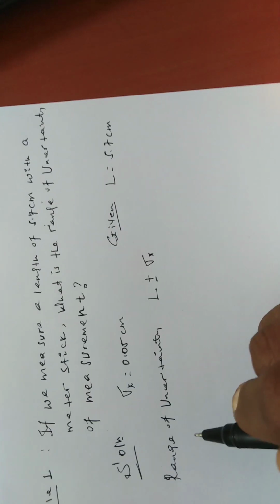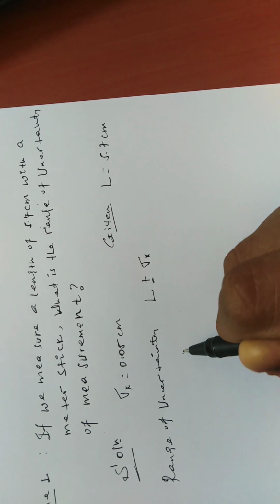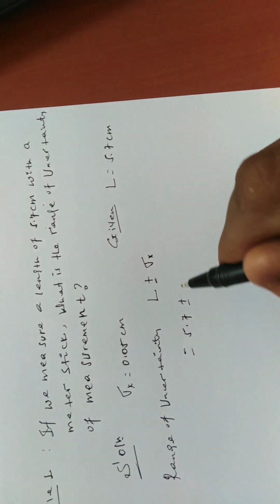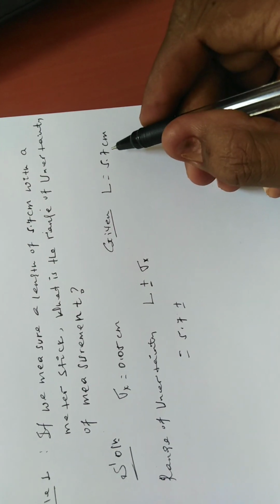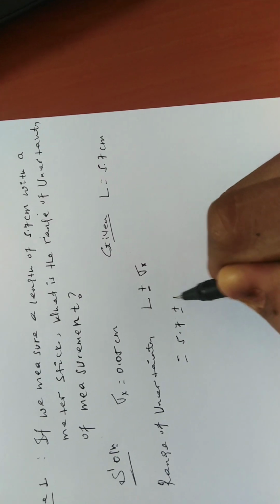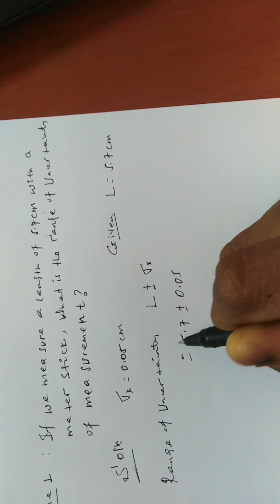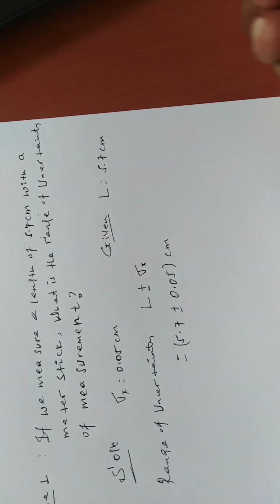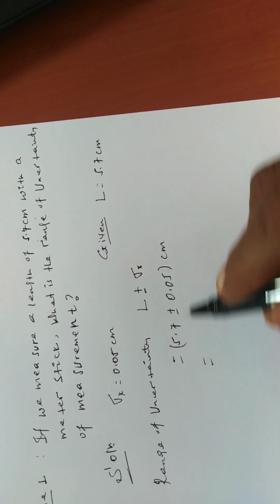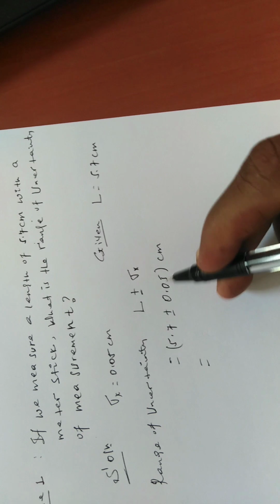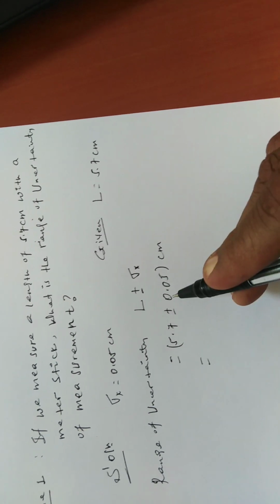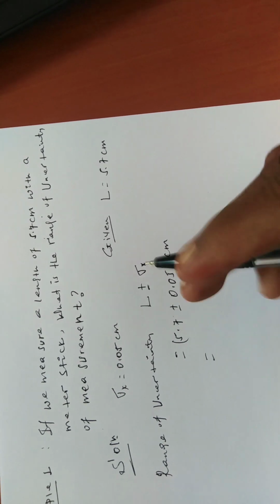This means 5.7 plus or minus 0.05, both in centimeters. So we have to subtract 0.05 from 5.7, then next add 0.05 to 5.7.